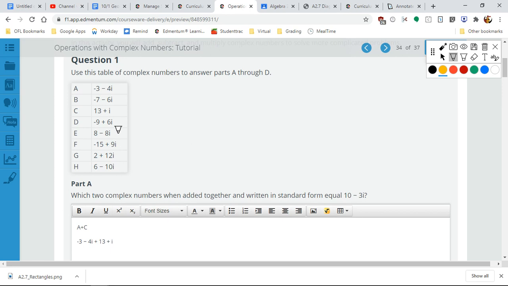That won't work. 6, 6, 6. 5. 13 take away 8 is 5. If anybody sees one, let me know. I'm thinking this 15 goes in here somewhere.